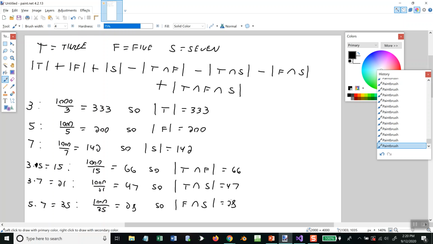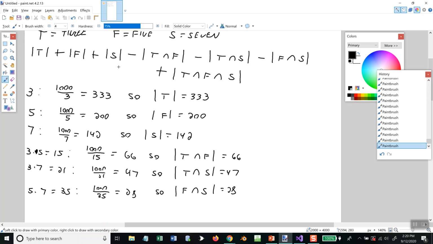And one last one. This piece right here, the plus, that T is 3 times F is 5 times S is 7. I think 105, but let me see. 15 times 7, 105. So then I take 1,000 divided by 105.